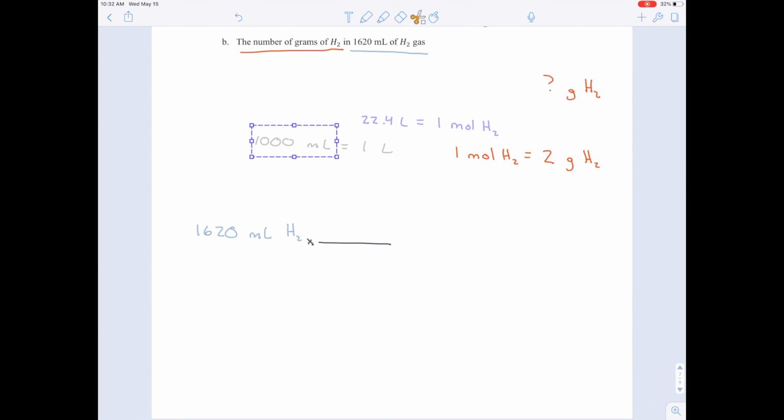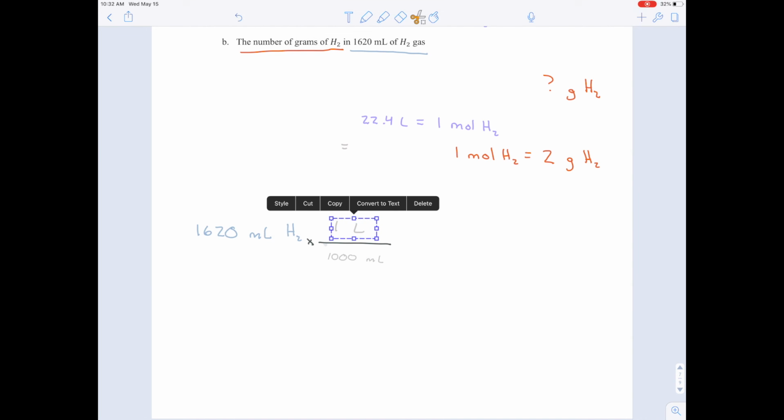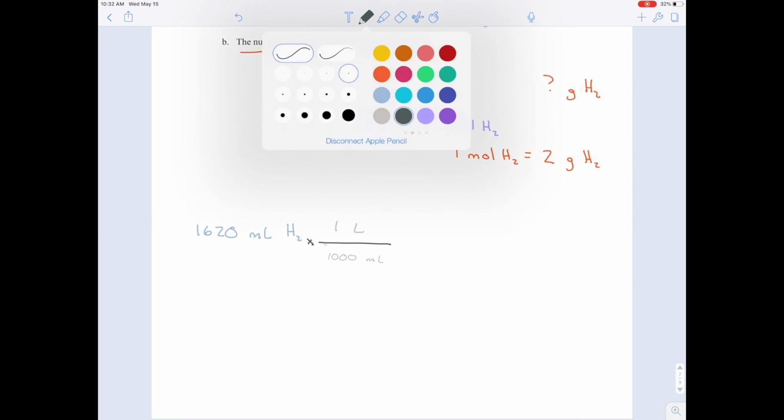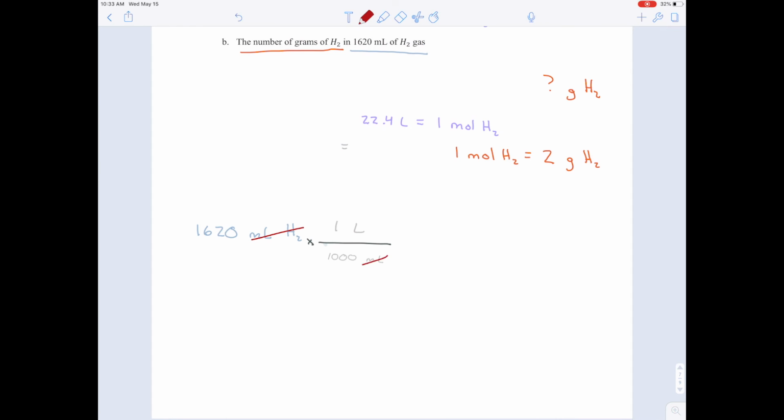This is the only conversion factor that has milliliters, the gray one. You'll put those milliliters on the bottom of this fraction. Going over the fraction bar is like going across the equal sign, and so on top, we'll put 1 liter. Milliliters will cancel out, and we'll be left with liters.